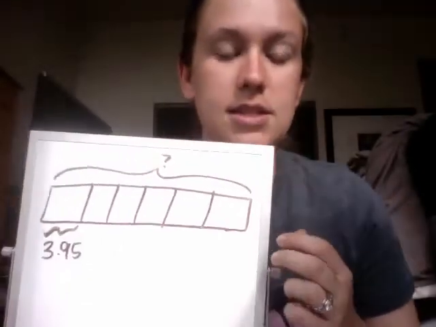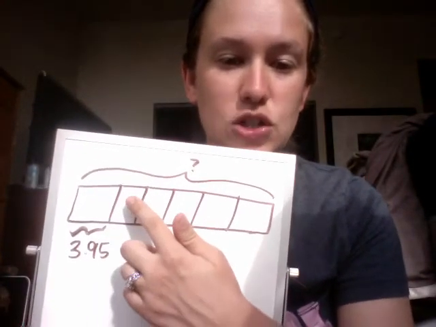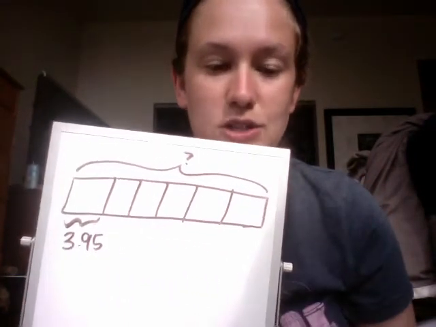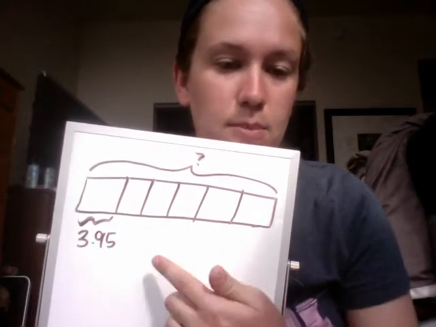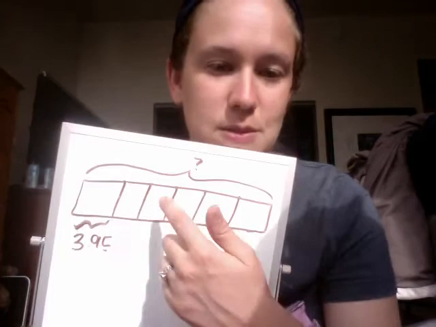We know that one book is $3.95. Since these are equal parts, and we know that each of these is going to be $3.95, multiplication is our best bet. So we're going to multiply one of these books by 6 because there's 6 books total.